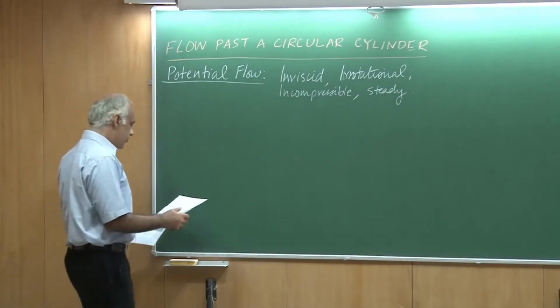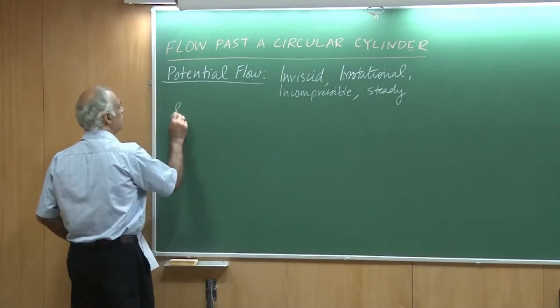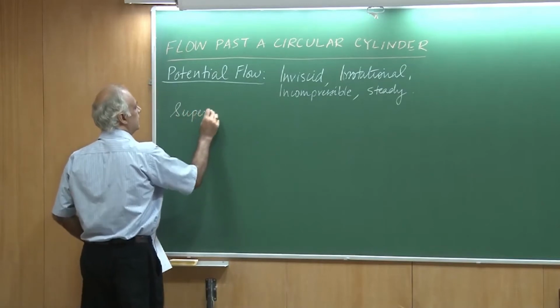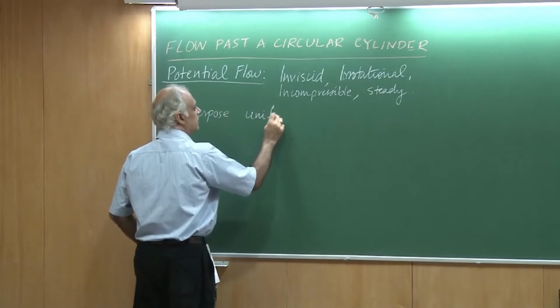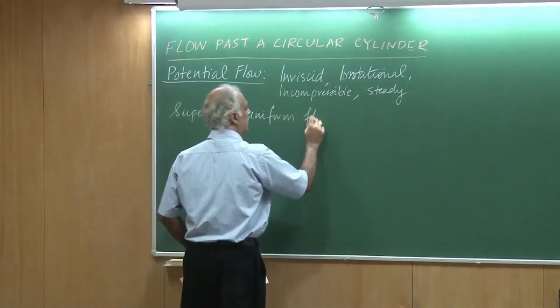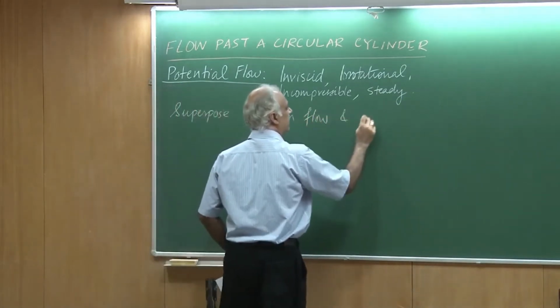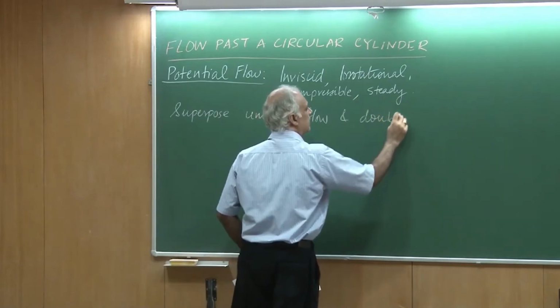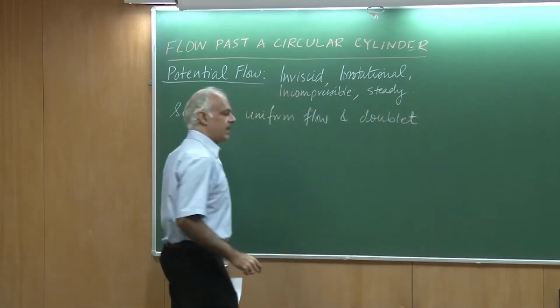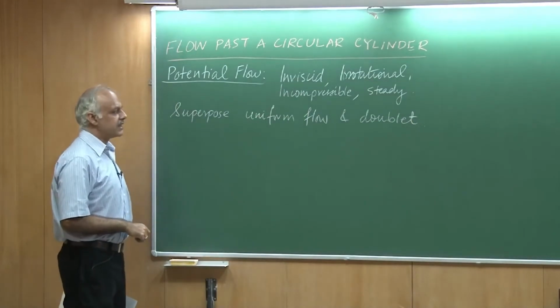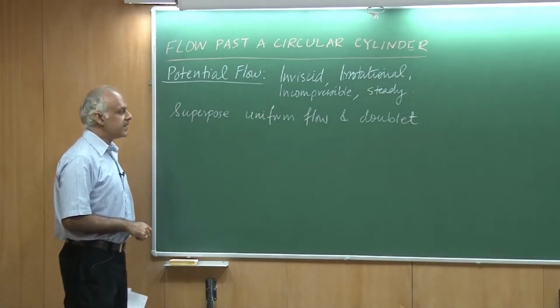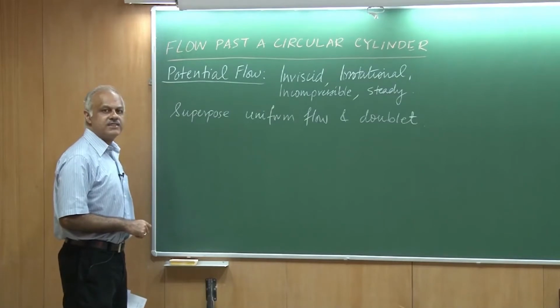Okay, so we are going to first talk about superposing a uniform flow and a doublet. I showed you in the last session that we could get a doublet by bringing in a set of source and sink.